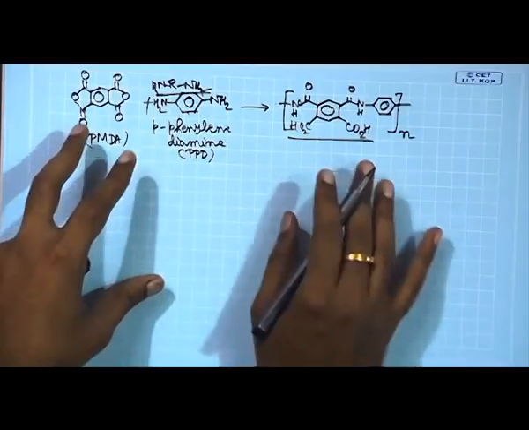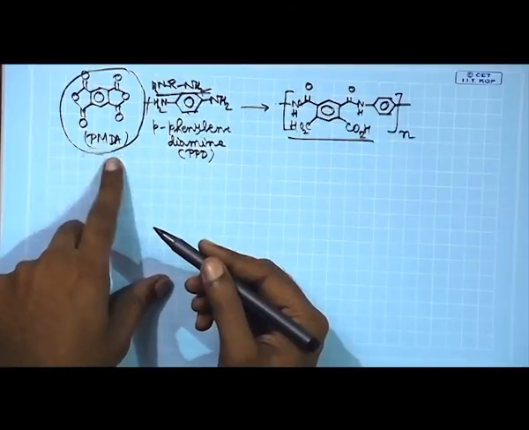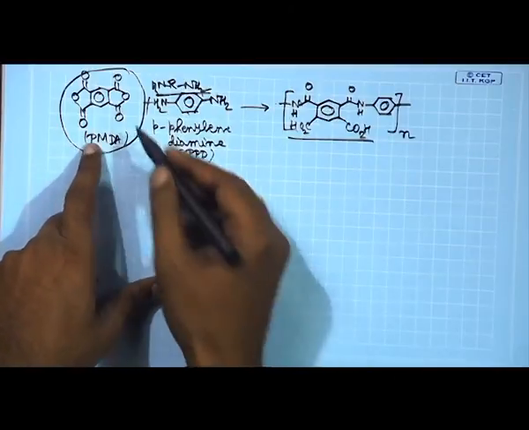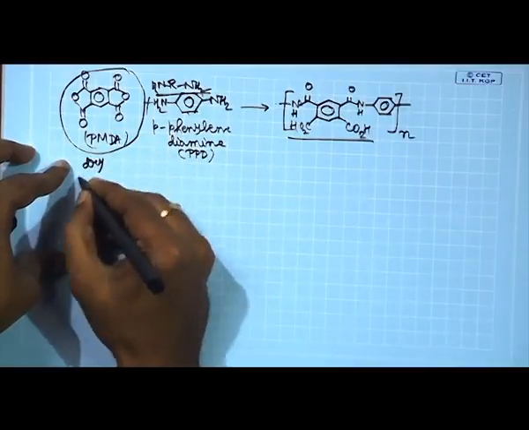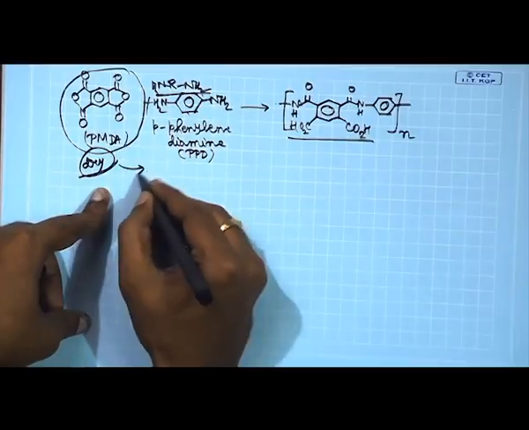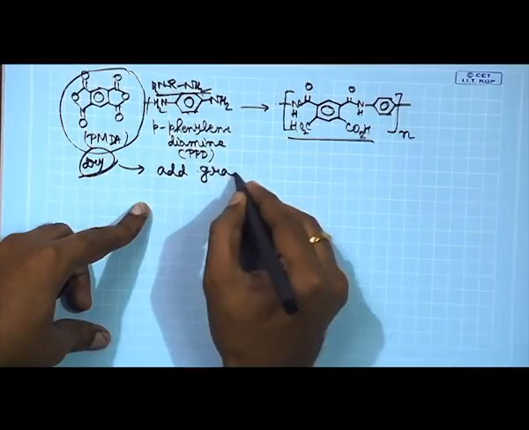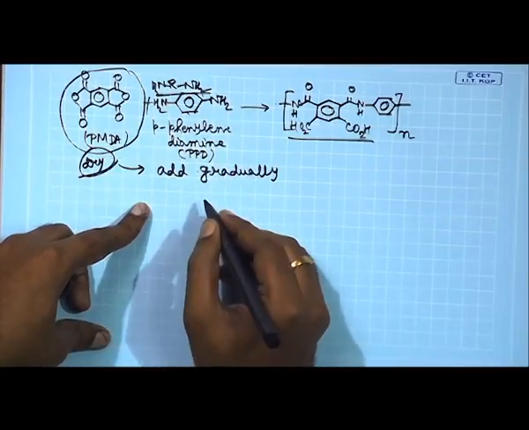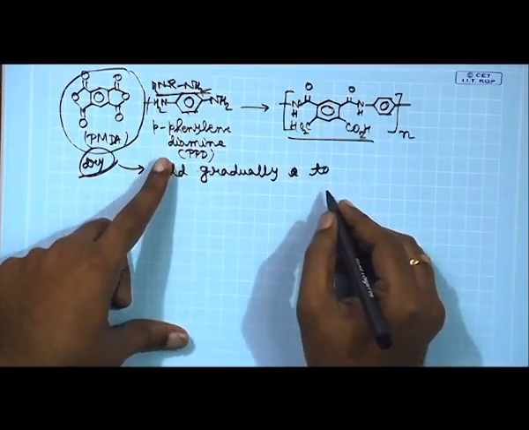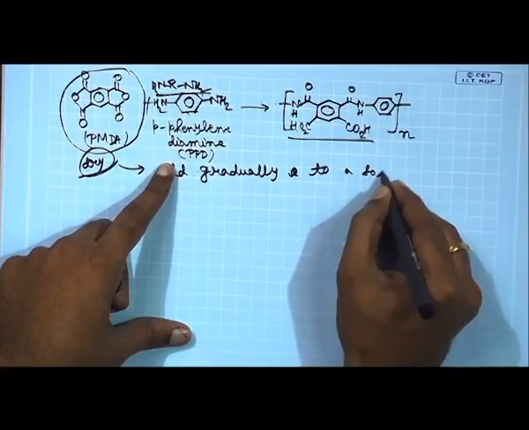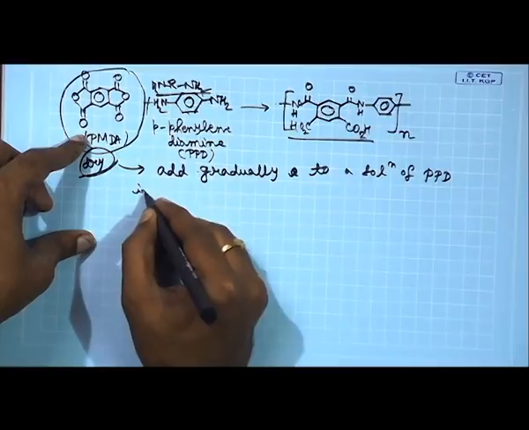So, in order to accomplish this reaction, what you do, you take solid powder of pyromellitic dianhydride, high purity, dry pyromellitic dianhydride, and you add this solid powder gradually to a solution of paraphenylene diamine, PPD, in DMF, dimethyl formamide.